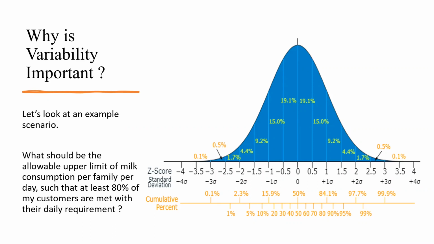So what happens is, let's say the upper limit is 10. If I produce 1 lakh units, I don't want any defected pieces, I want that to be 0.